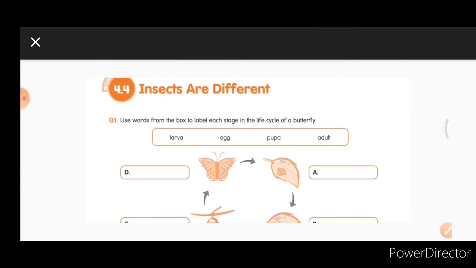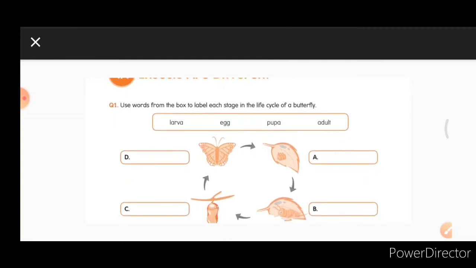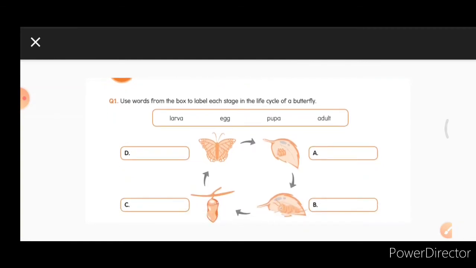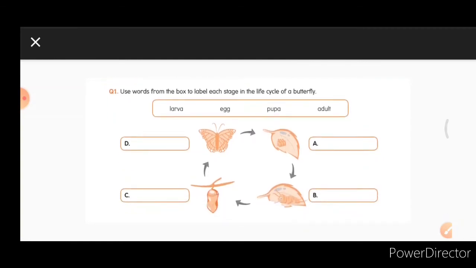The first question: use words from the box to label each stage in the life cycle of a butterfly. The words are given in the help box. You have to label each one, writing the correct stage in A, B, C, D. What is the first stage? What is the second one?